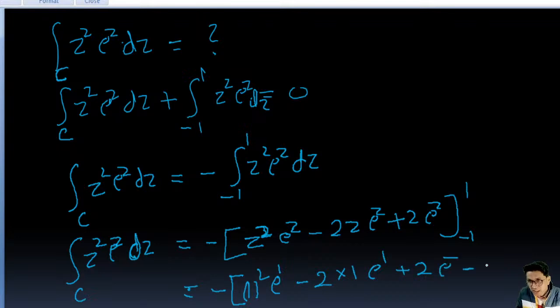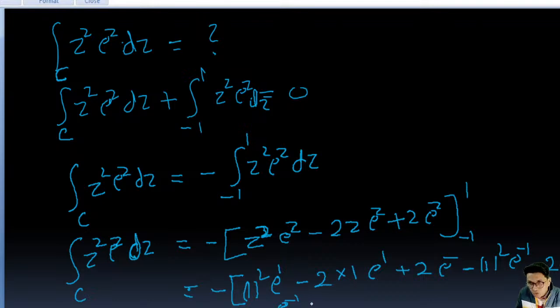So it is going to be z square, that is 1 square e to the power -1, minus 2 times -1 e to the power -1.